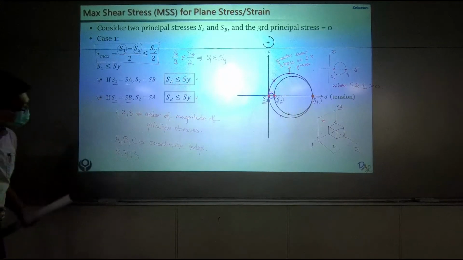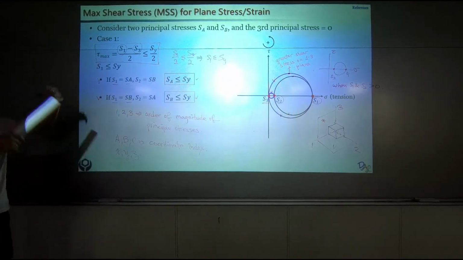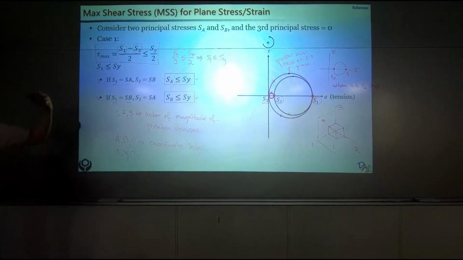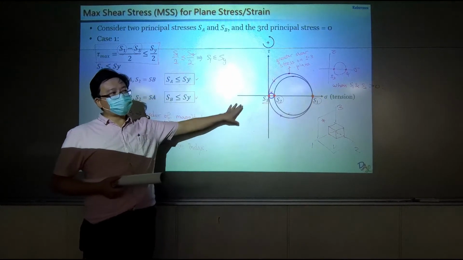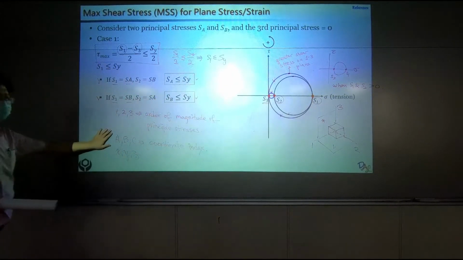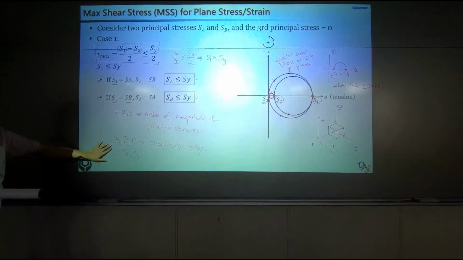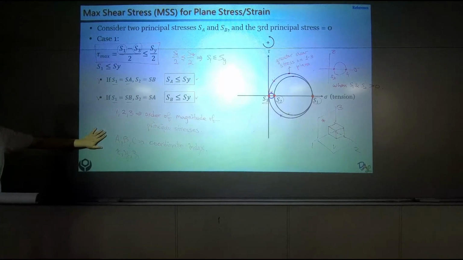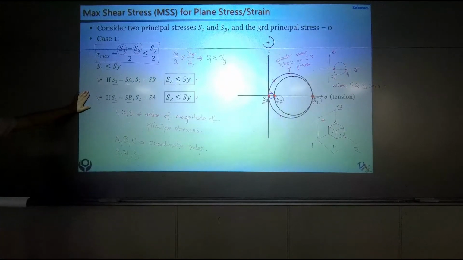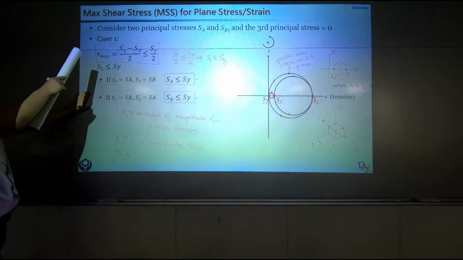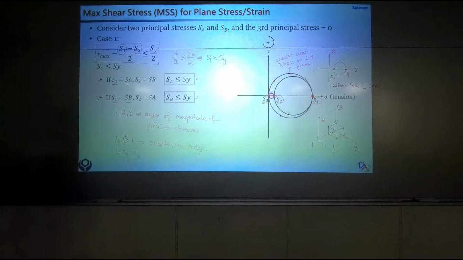This is just because when you consider all situations, the Mohr circle 1, 2, 3 doesn't represent coordinate of ABC or XYZ. They can be different. So these will be two possible cases for case 1.